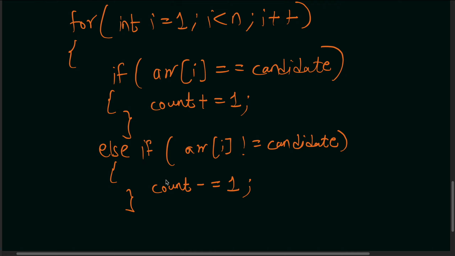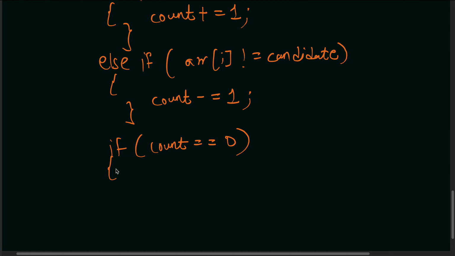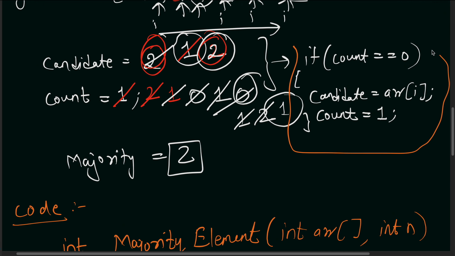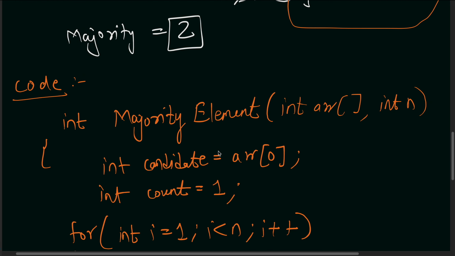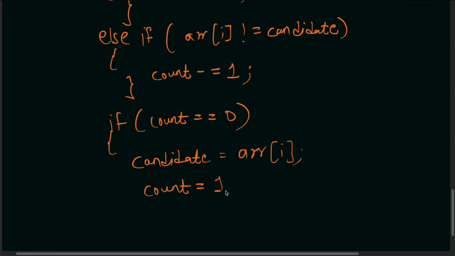This is what Moore's algorithm is saying, right? We will also check one condition. If the count becomes 0, what was the algorithm that I told? This was the algorithm, right? If the count becomes 0, then we will do some updation. What was the updation? If the count becomes 0, then we will update our candidate to the current array of I value, and we will update our count to 1.